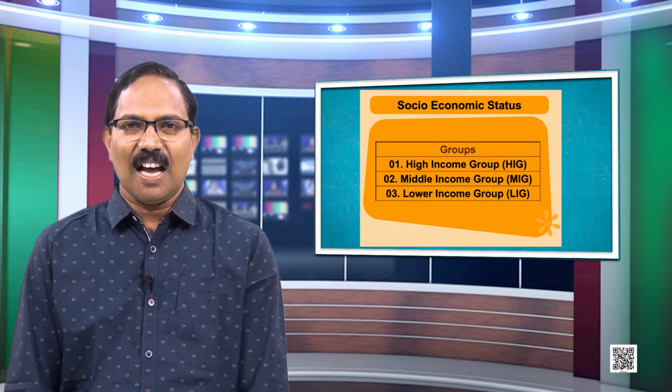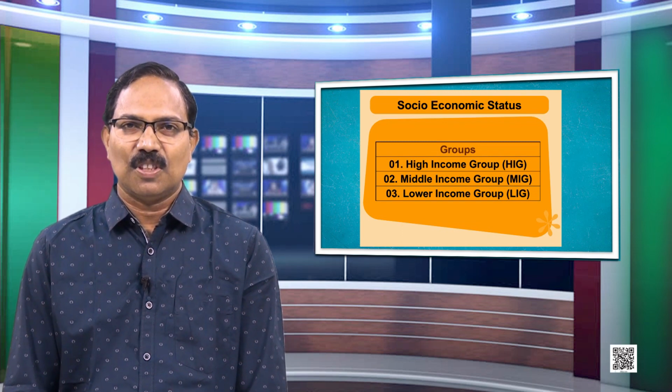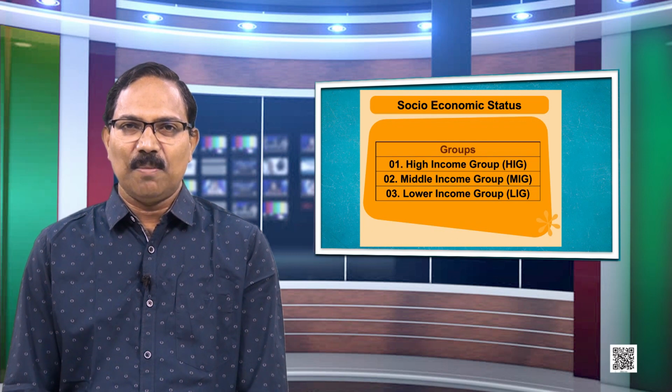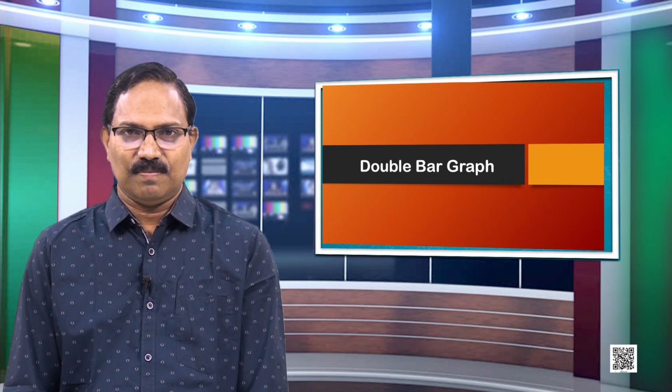So, whenever the data is classified into subgroups, the bar graph we will be making is of double bar graph.